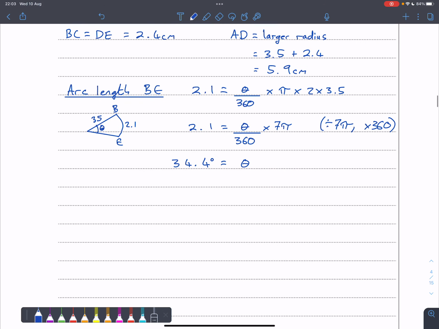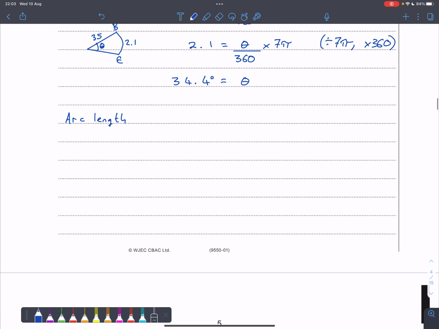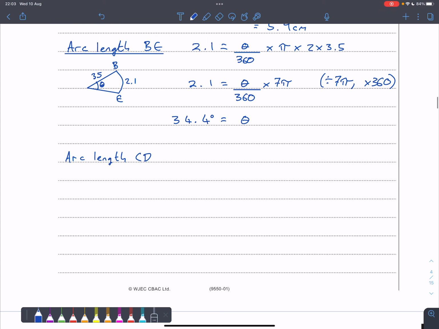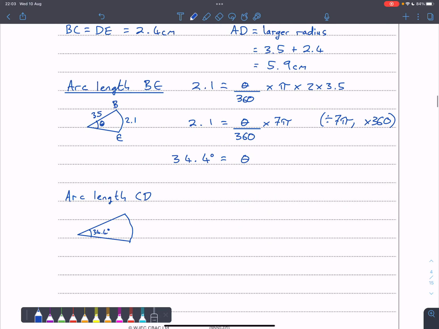Because I now need to look at the larger arc. The larger arc is this arc CD. So let's draw a little diagram for that as well. It doesn't have to be any different really. But I now know this is 34.4 degrees. And I know we said that AD, this radius, is 5.9.